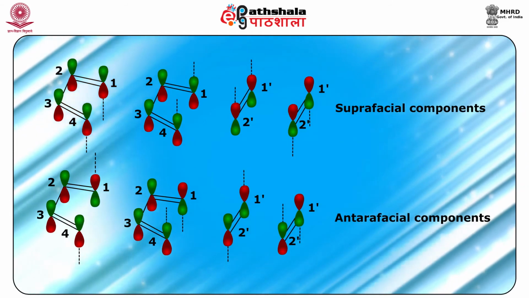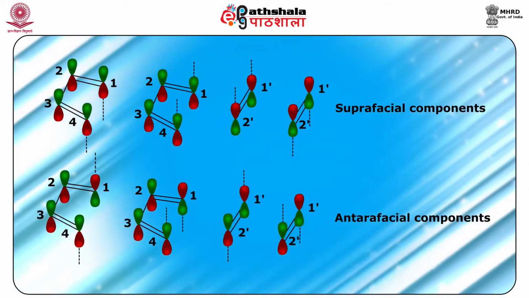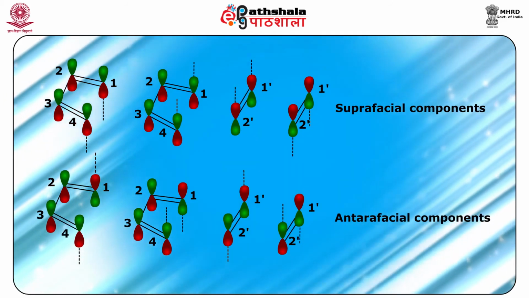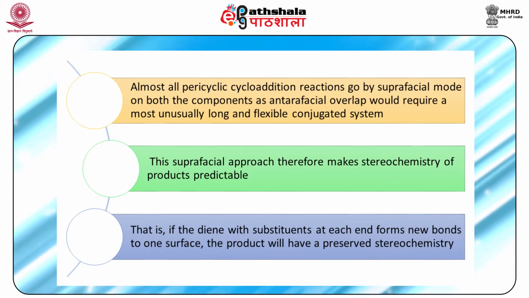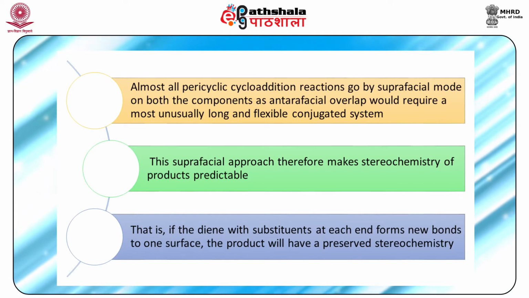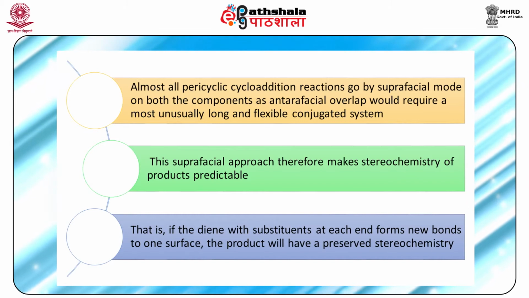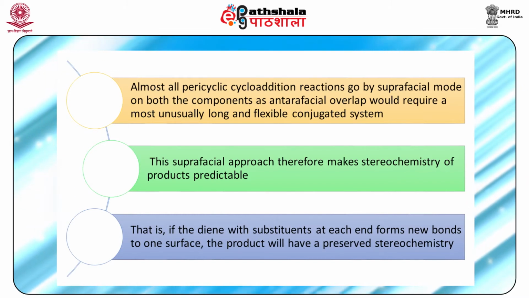On the other hand, antarafacial reaction requires bond formation between orbitals at two different surfaces. Almost all pericyclic cycloaddition reactions go by suprafacial mode on both the components, as antarafacial overlap would require a most unusually long and flexible conjugated system.